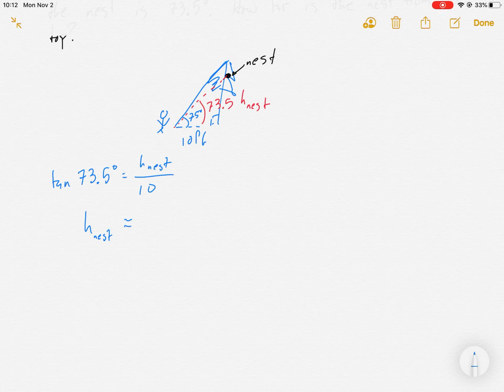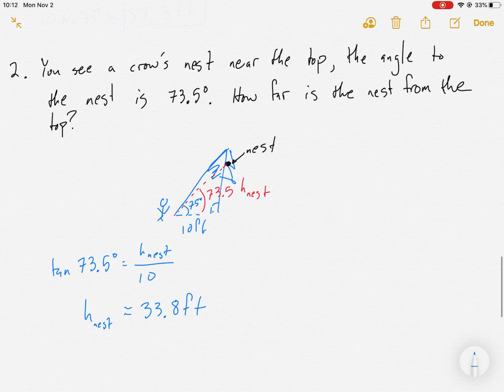And so then solving this, we end up with the height of the nest being approximately, I'm going to do the same thing I did before, tangent of 73.5 times 10. And so I get about 33.8. So the nest is about 33.8 feet off the ground. Now the question is, how far is it from the top?